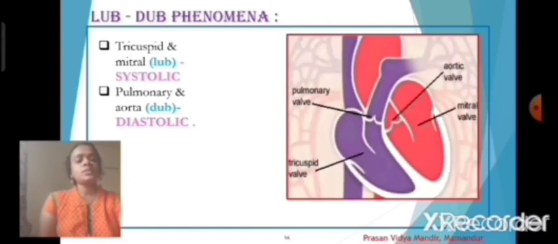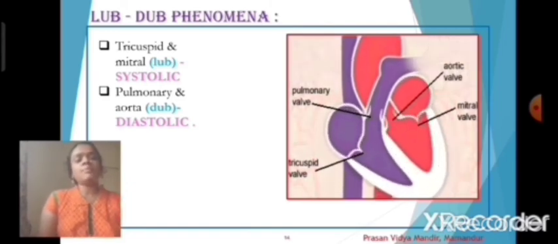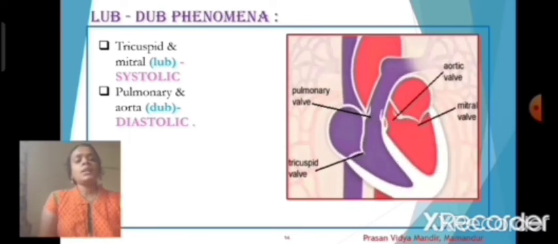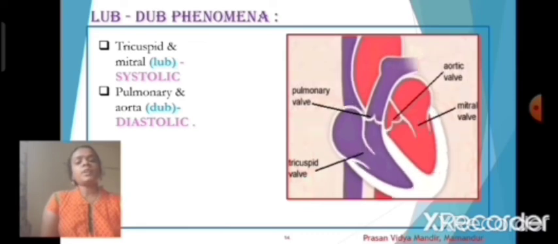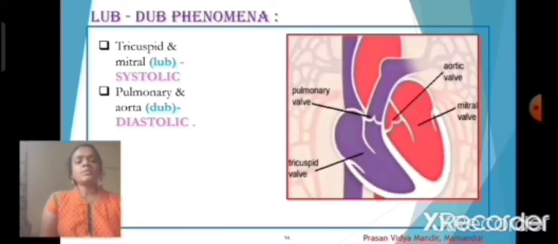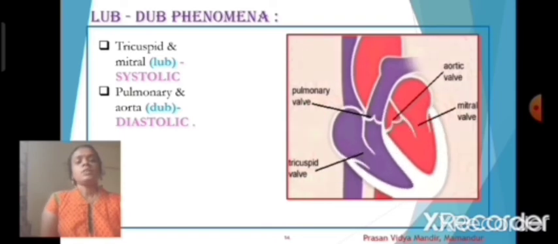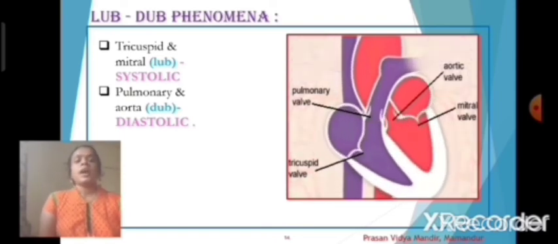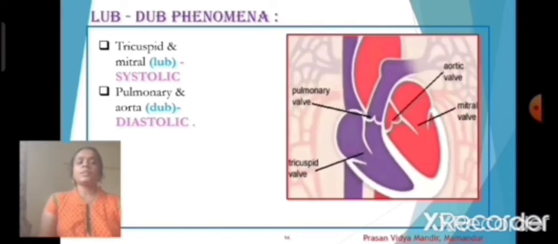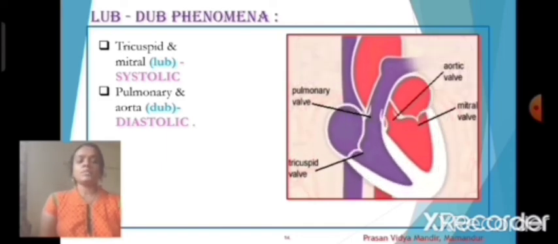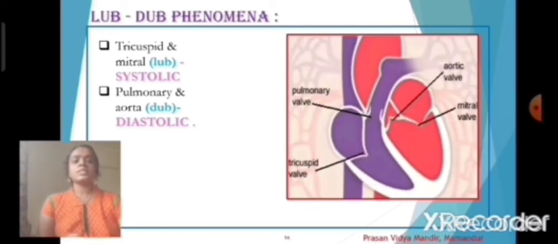In this animation they have clearly marked all the valves. The tricuspid and mitral valves work together, and the pulmonary and aortic valves open and close together. When the tricuspid and mitral valves function, some pressure is created against the blood, called systolic pressure, and a sound is produced, called LUB.